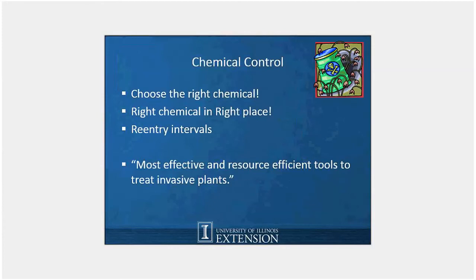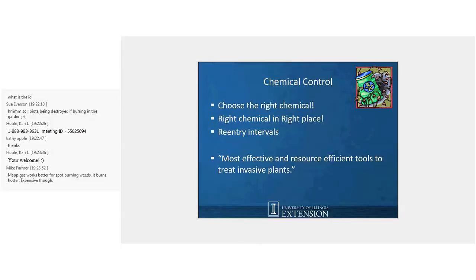There are some reentry intervals that are often listed on labels that we have to be careful with. A reentry interval says how long a person needs to stay out of a recently treated area. They're more common on food crops, but it's possible that there could be a reentry interval on some of these products as well. Usually our rule of thumb is to stay out of an area until a spray is dried or a dust is settled.